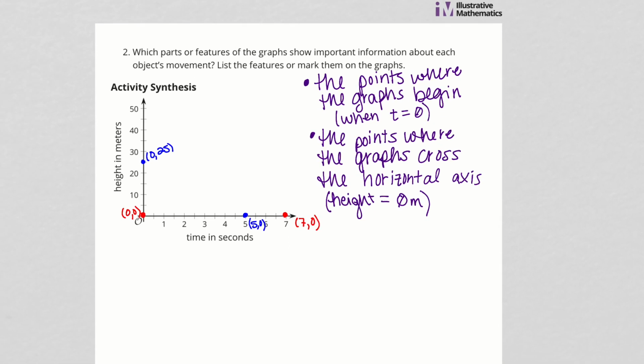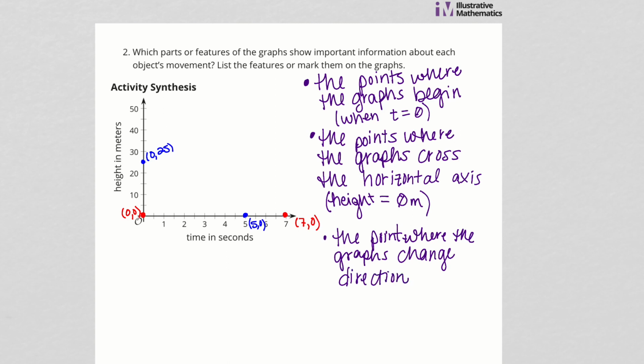Another important point is going to be the point where the graphs change direction. Okay, so for our rocket, that is going to be our maximum point whenever it changes direction. That was around 2 seconds?